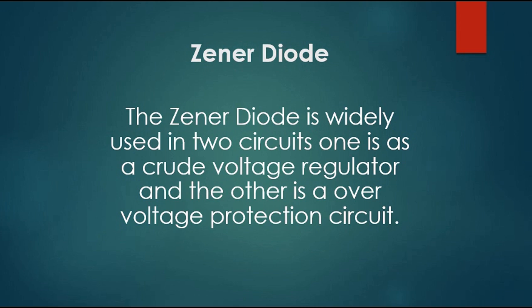You can use it as a voltage regulator, which regulates depending on the voltage rating. If you need 10 volts at a place, definitely you will use a Zener diode of at least 10 to 12 volts that can regulate the specific voltage needed at that particular area.